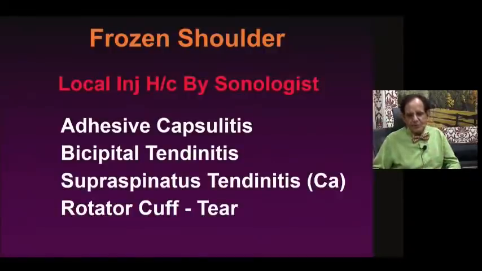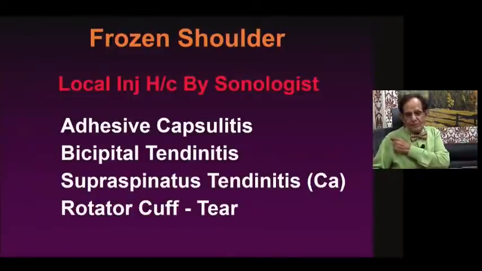For example, if it is adhesive capsulitis, that is actual frozen shoulder, the sonologist can give the injection in the right area under the machine. He is looking at it and he is injecting. And by chance, if he sees bicipital tendinitis, which is here, this groove, that also has pain like frozen shoulder, then the diagnosis is wrong. Diagnosis is bicipital tendinitis, then he will inject steroid in the bicipital tendon.